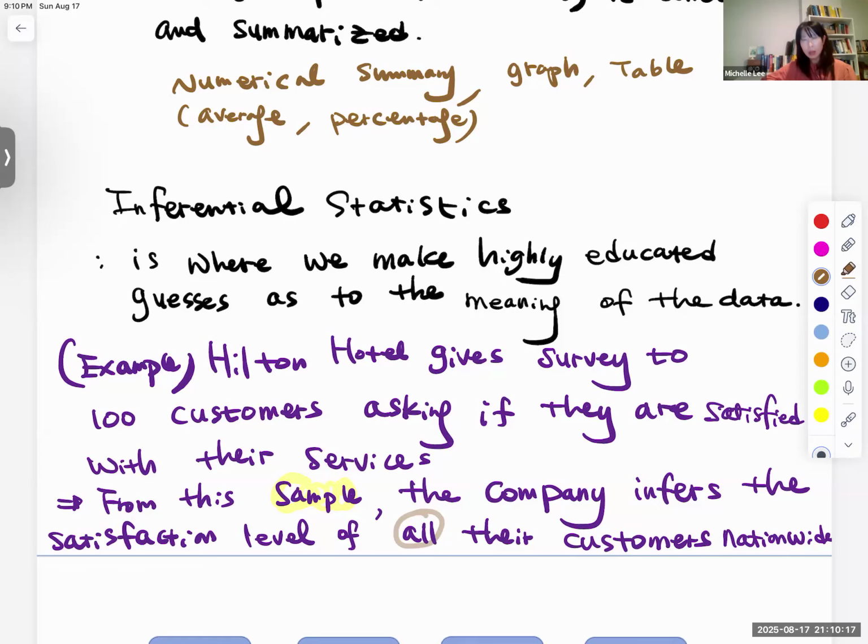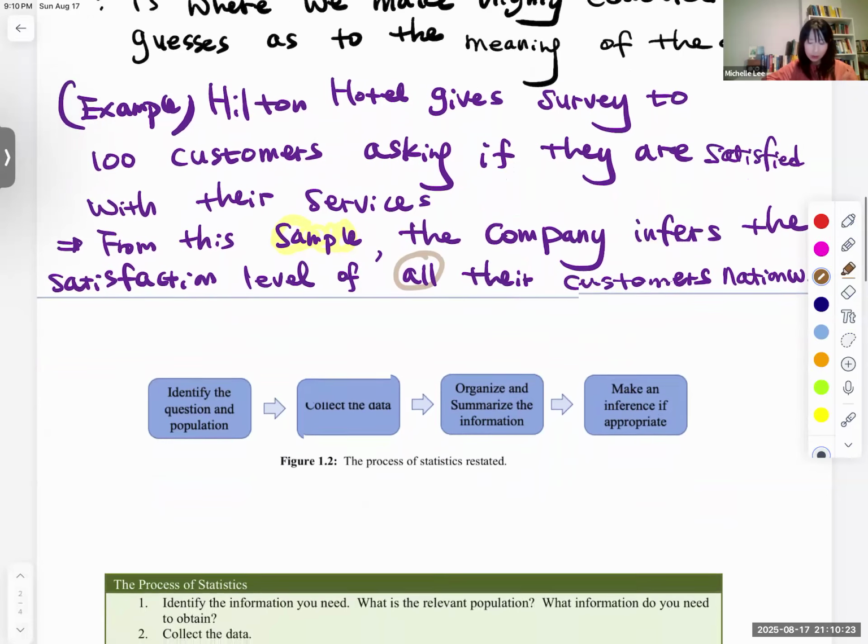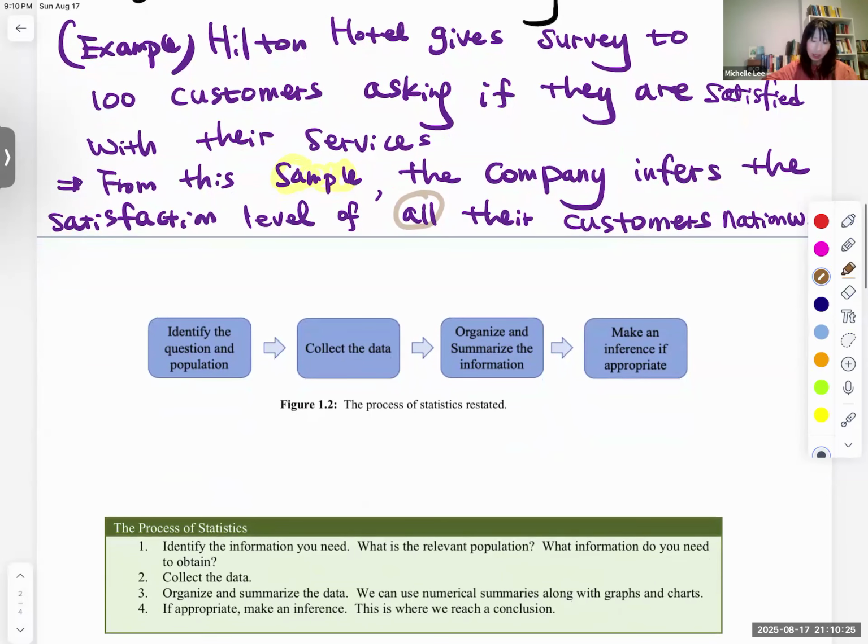Okay, now we have the process of statistics here. First of all, we identify the question and the population, then collect the data, organize and summarize the information, which is data, and make an inference if appropriate.